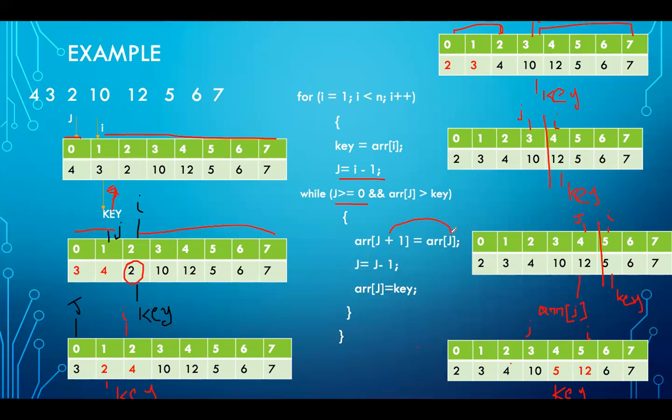And the complete set of j elements we need to check, so we write j equals j minus 1, that means each and every element of j we need to check up to 0. If j becomes minus 1, it will come out of this loop. So this is actually the program logic of insertion sort.